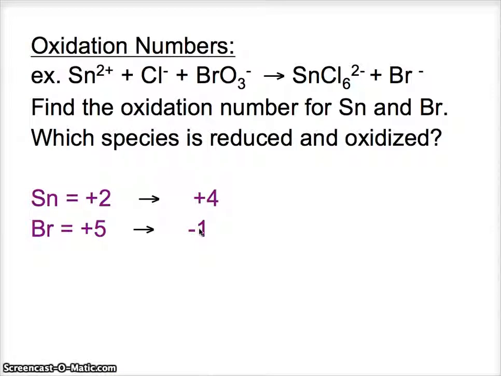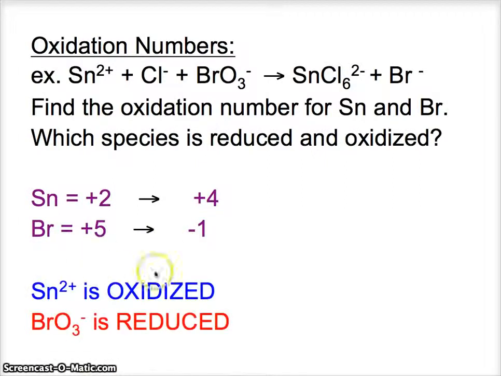In order to go from +2 to +4, we had to lose electrons. In order to go from +5 to -1, we had to gain electrons. So we can say that Sn2+ is oxidized and the bromine species is reduced.